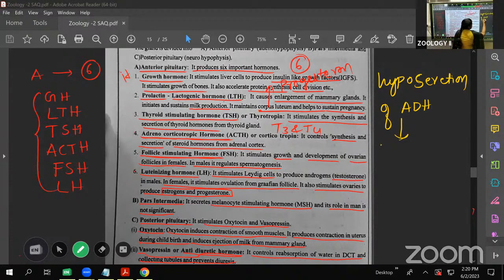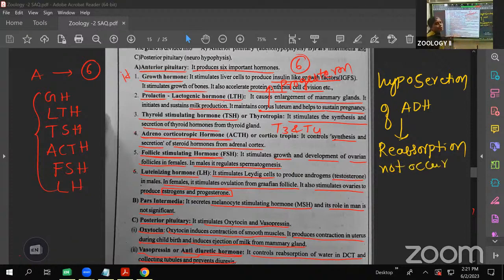Reabsorption does not occur, so automatically it causes diuresis, meaning excess urination occurs.